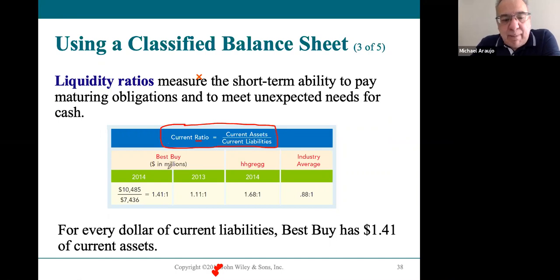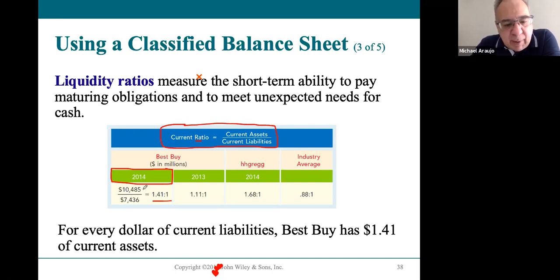So let's look at Best Buy for 2014, because those numbers were provided. They had current assets of 10,485 million. When you compare that to 7,436 million of current liabilities, you get the current ratio of 1.41 to 1.